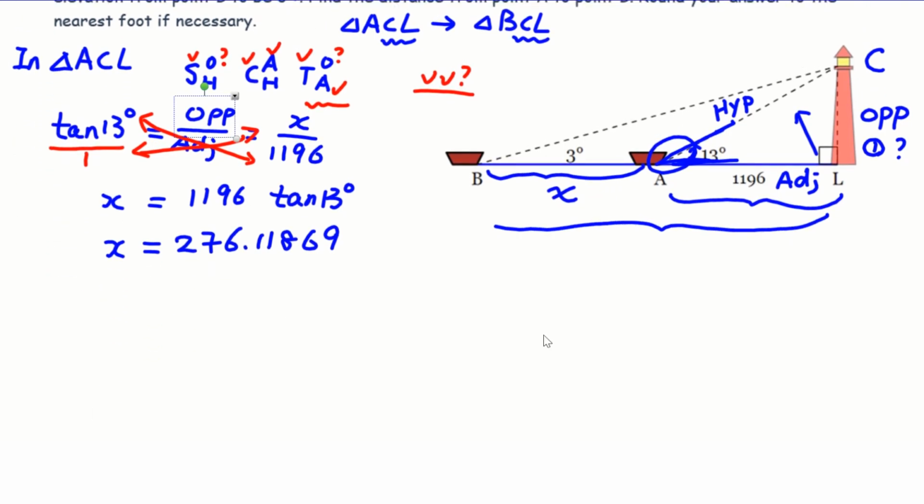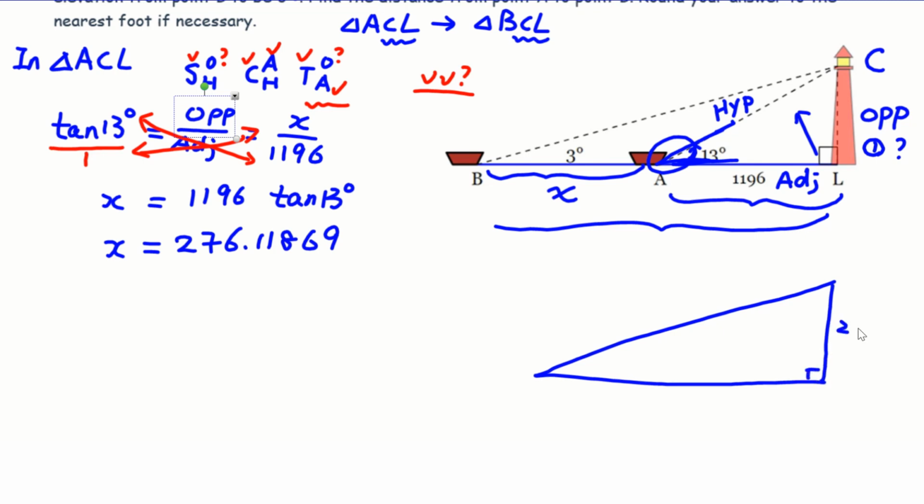So the next one, we are going to use this bigger triangle. This side is what we found, so this is CL. Then this angle is 3 degrees. This is B. So we want to find the BL. In this triangle, based on angle B, we label this triangle.